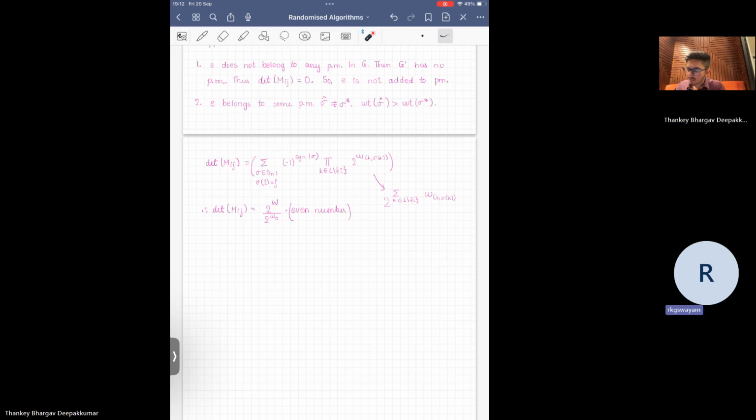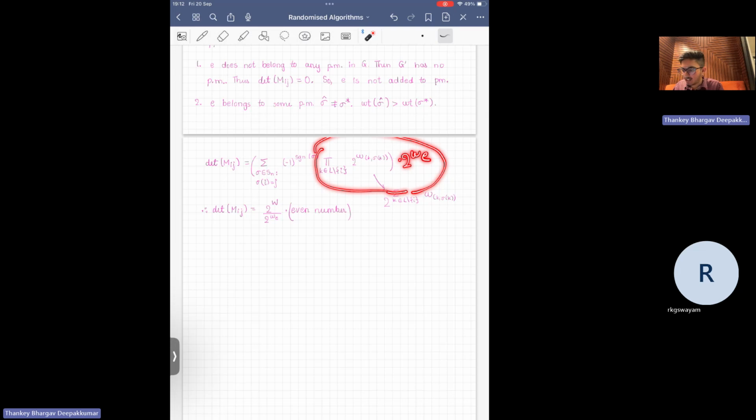So when I multiply 2 to the WE over here, this product is 2 to the weight of some perfect matching containing E. But since E is not in sigma star, this weight must be more than capital W. Why?